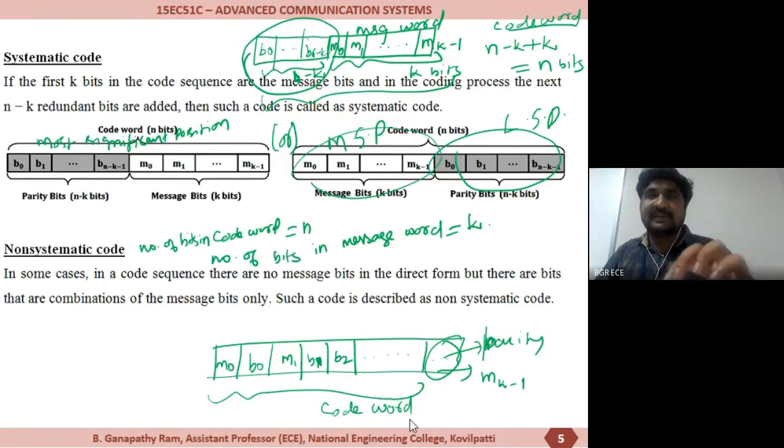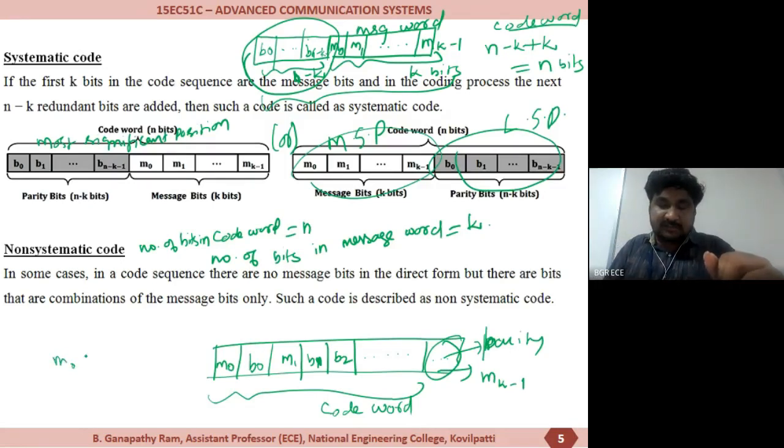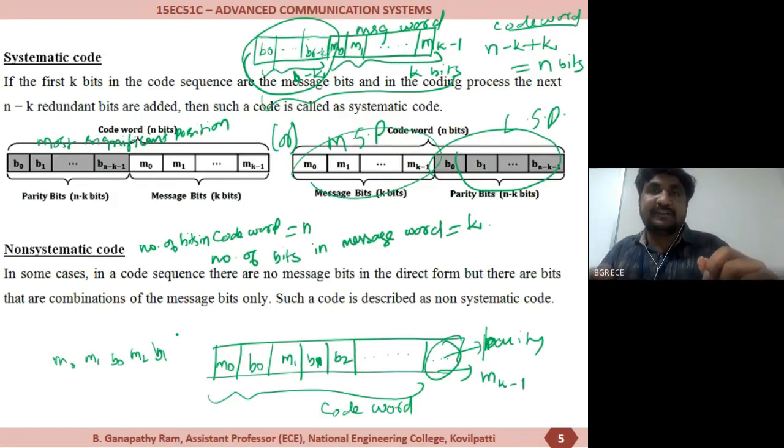And this will not be the same for all types of non-systematic code; in another type, m0 m1 will be placed, b0 m2 will be placed, m2 b1 will be placed. Likewise, the placement of the bits will differ from one case to another, and those kinds of codes are called non-systematic codes.